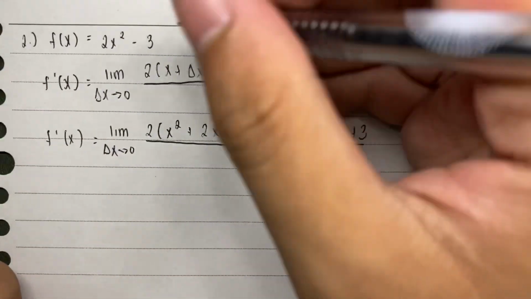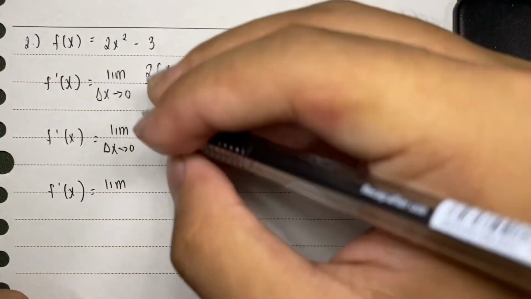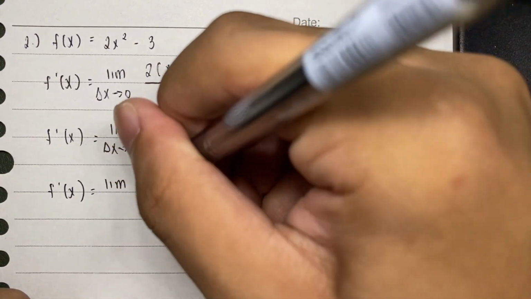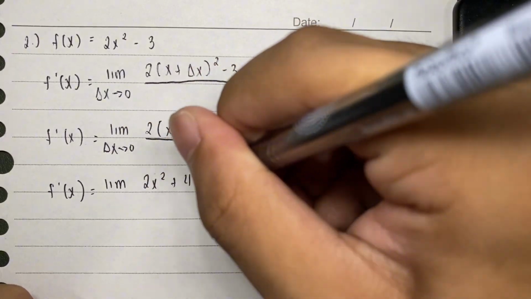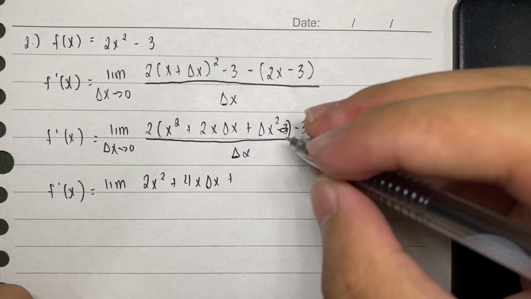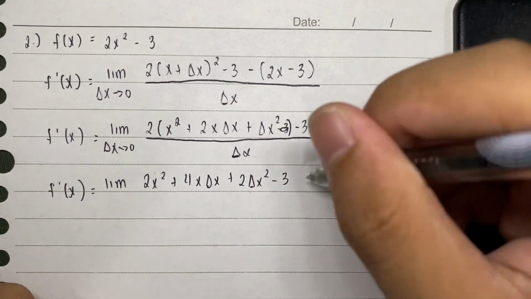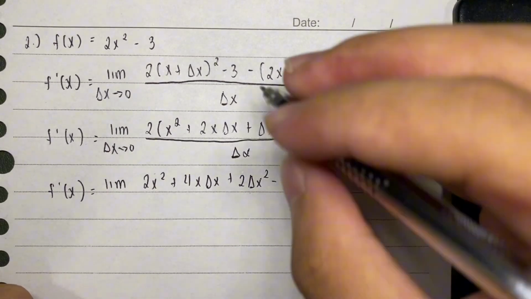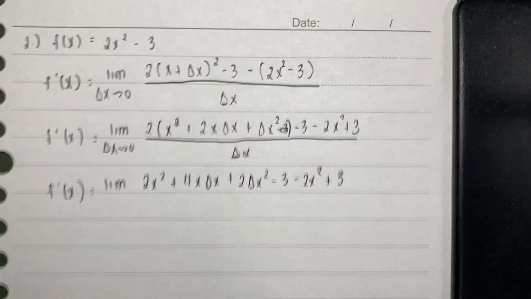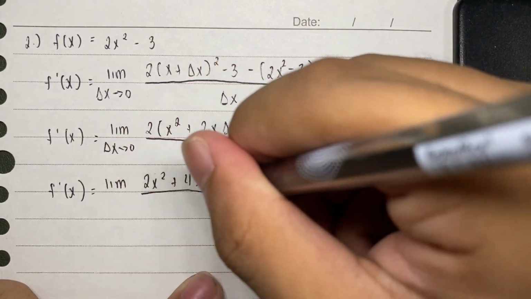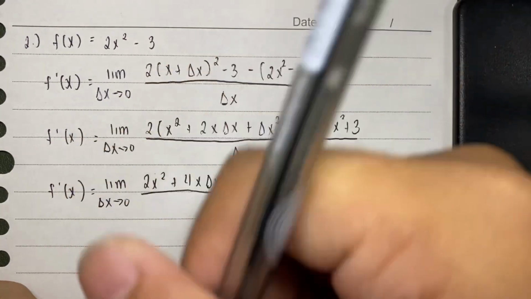Copy the formula. f prime of x is equal to the limit of 2 times x squared, that's 2x squared, 2 times 2x delta x is 4x delta x, plus 2 times delta x squared, that's 2 delta x squared, minus 3 minus 2x squared, oh, this is 2x squared, 2x squared plus 3, all over delta x as delta x approaches 0.